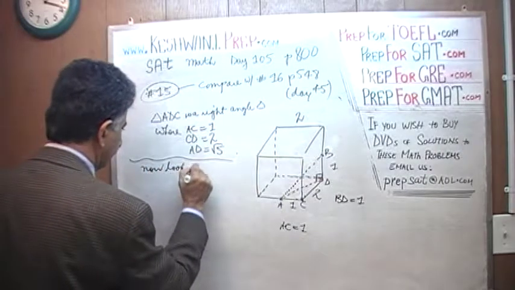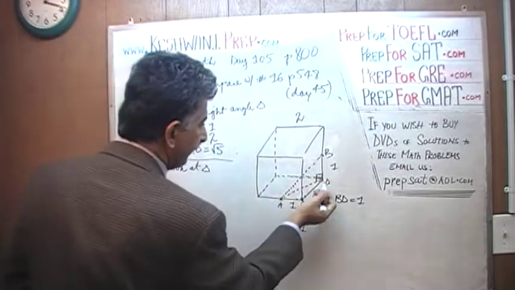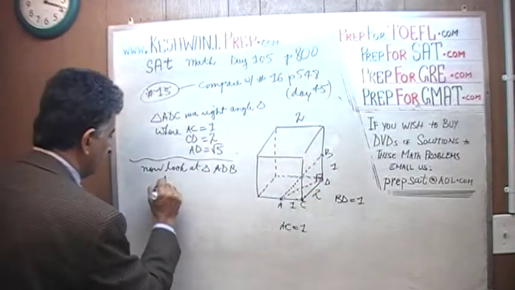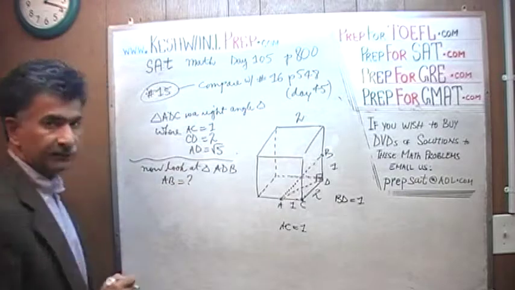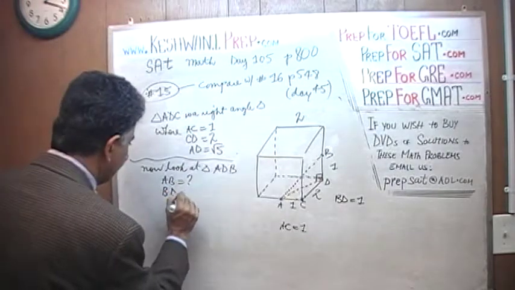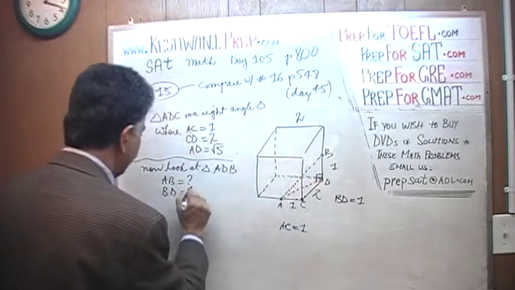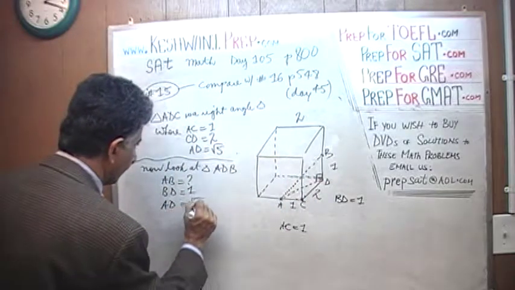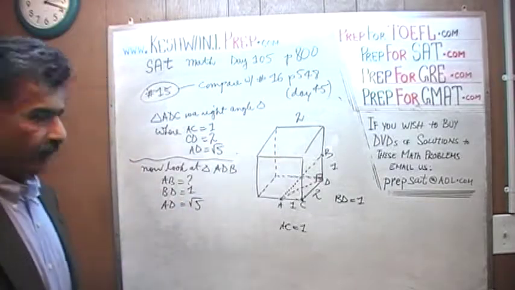look at triangle ADB, where A to B is the unknown, which is the hypotenuse, which is what they're asking for. B to D we know is 1, and A to D we just found out was square root of 5. That's all.